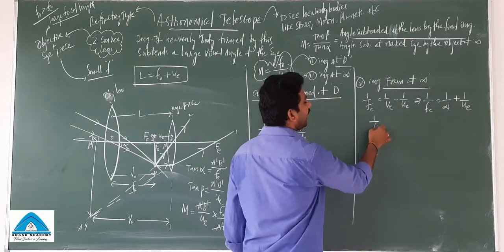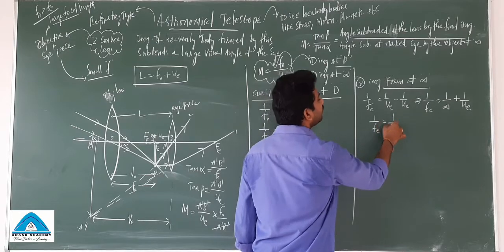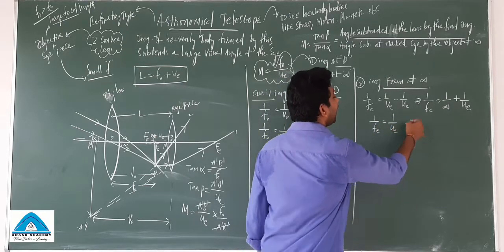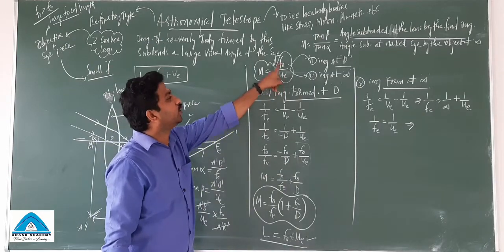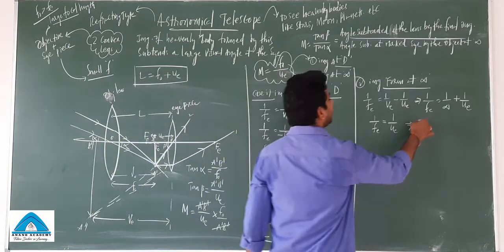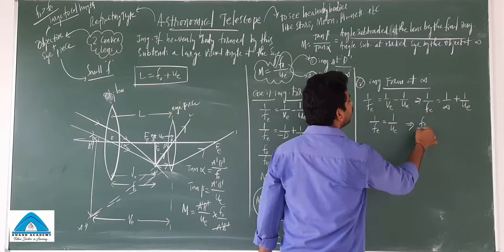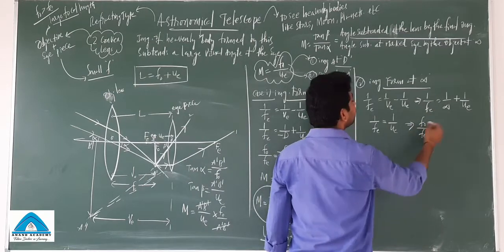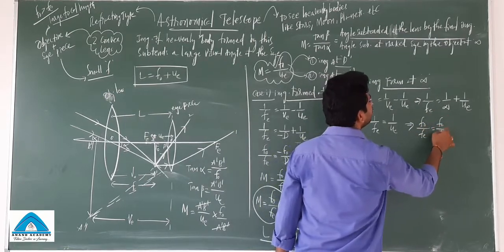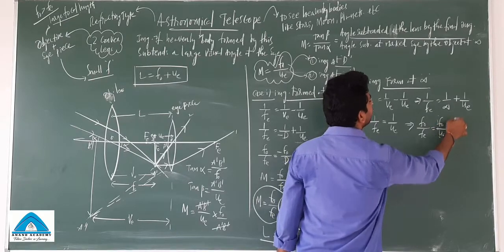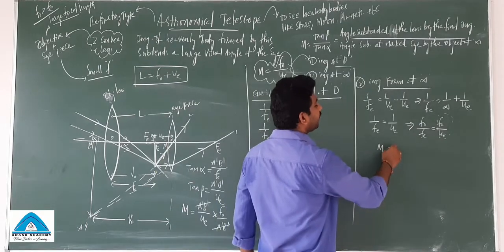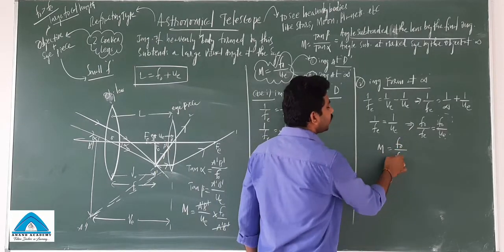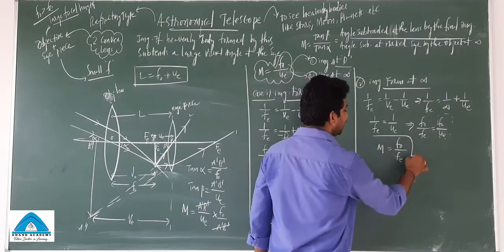So 1 by fe is equal to 1 by ue. If I multiply both sides with f naught, because f naught by ue is m, then f naught by fe is equal to f naught by ue, which is the magnifying power. So the magnifying power is equal to f naught by fe.